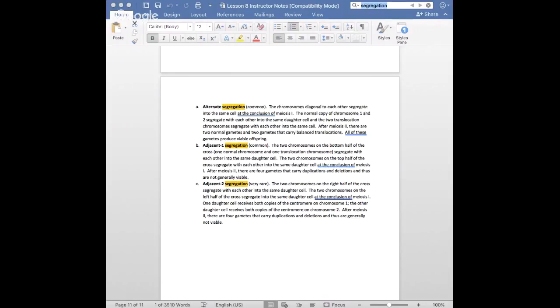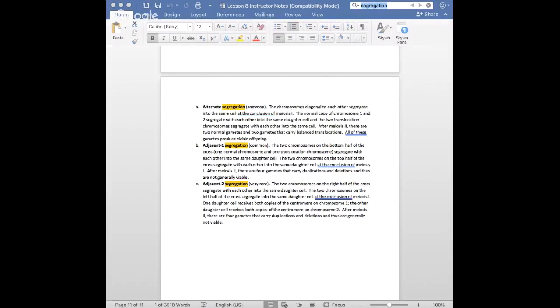And for 4, they're asking for the diagram and the synopsis of these chromosomes here in a reciprocal translocation.